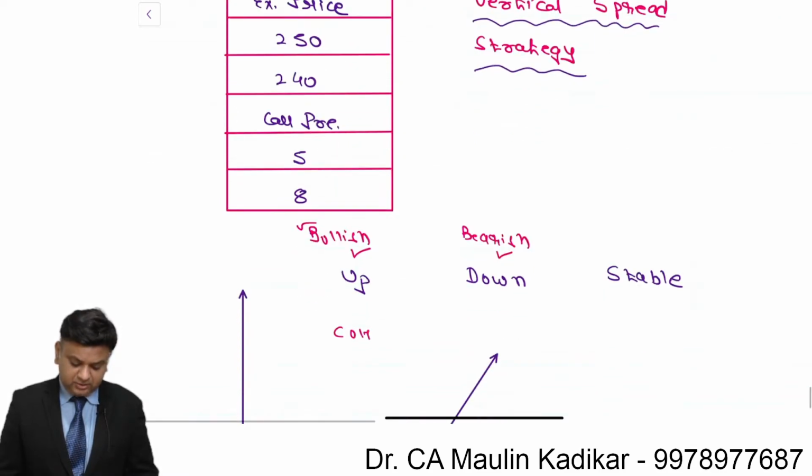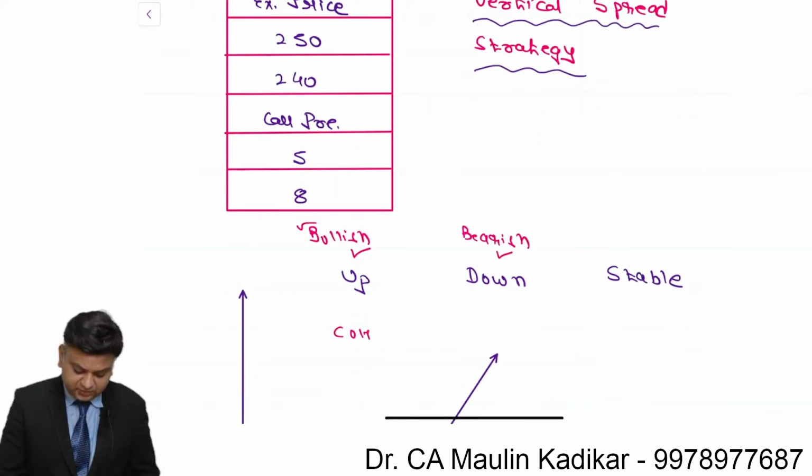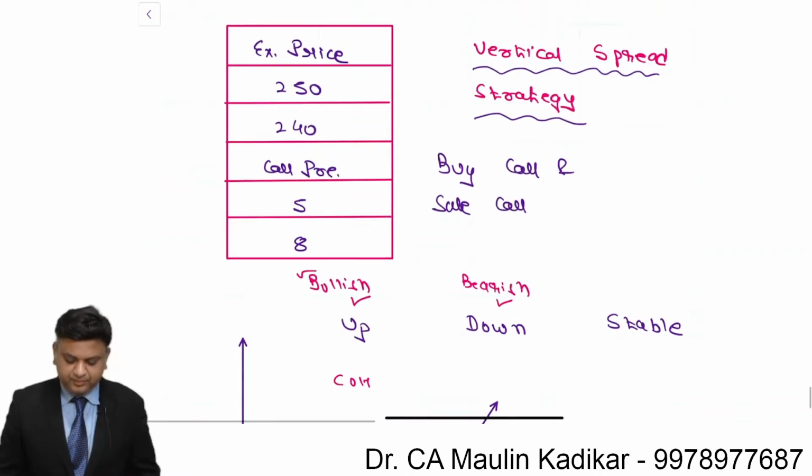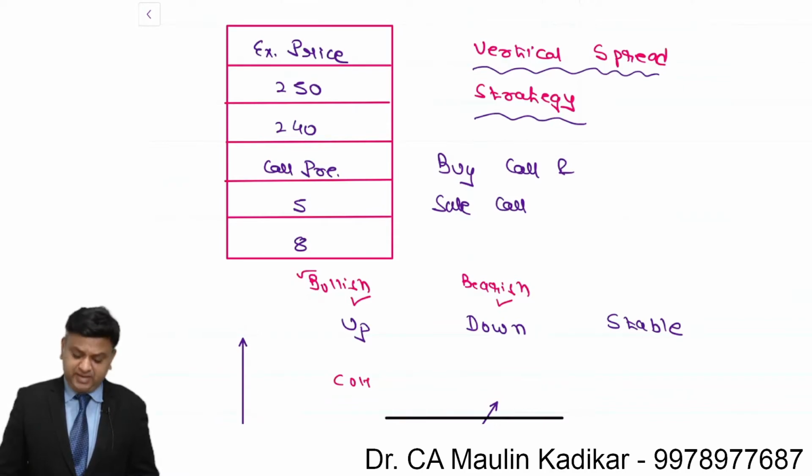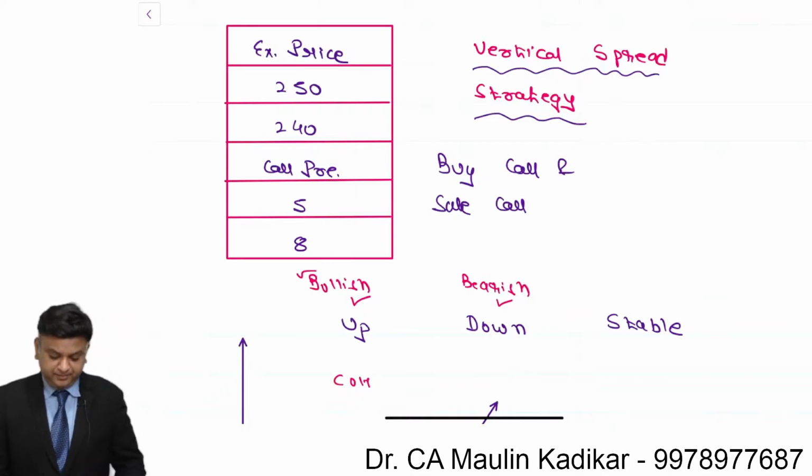Understand importantly, you will enter into the transaction for buy call and sell call in vertical spread strategy. Vertical spread strategy can be entered upon either by combining call options or by combining put options. Of course, over here the information is given about the call options, so we are focusing on the call options and not on put options.